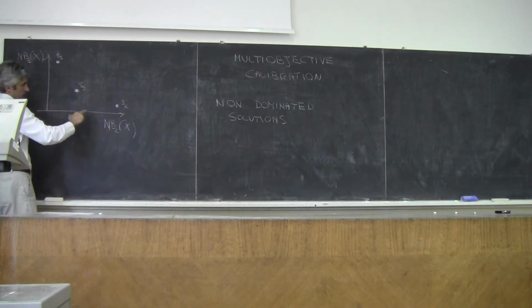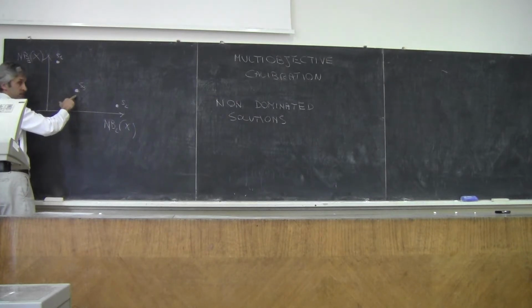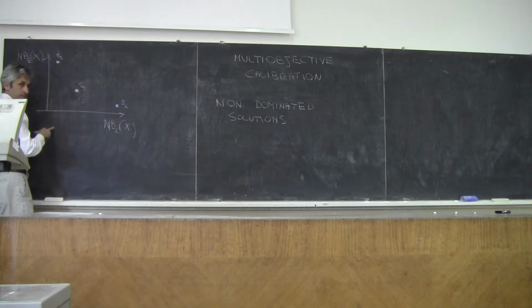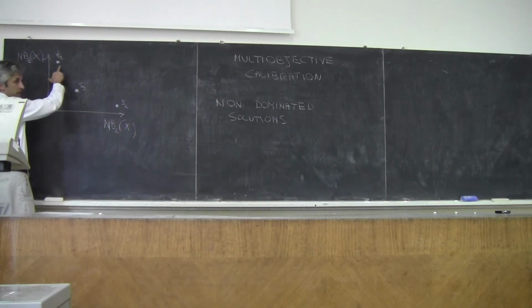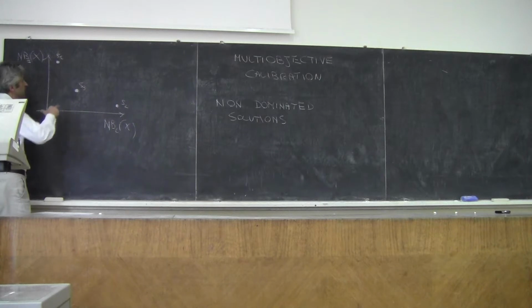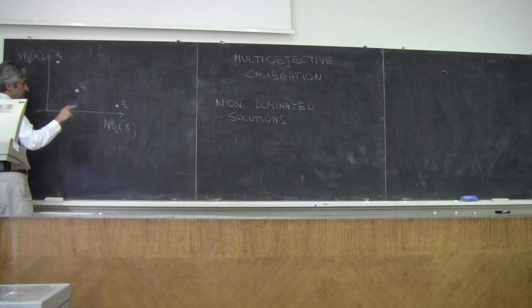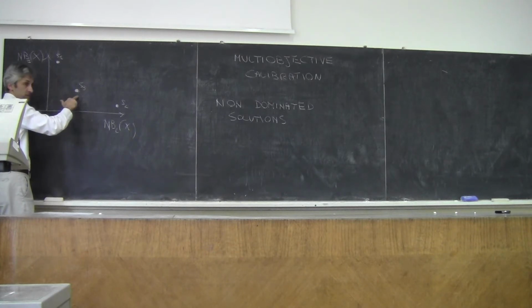You see that the benefit of S1 with respect to S3, the benefit 2 is lower. So the benefit 2 is lower for S1 with respect to S3. The benefit 1 is higher. But we can't say that the solution S1 is better according to all the benefits. It's better according to just one of the benefits. So we can't say that S1 is definitely better than S3. Absolutely, we can't say that.